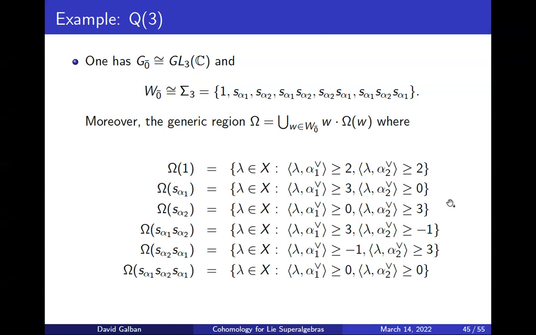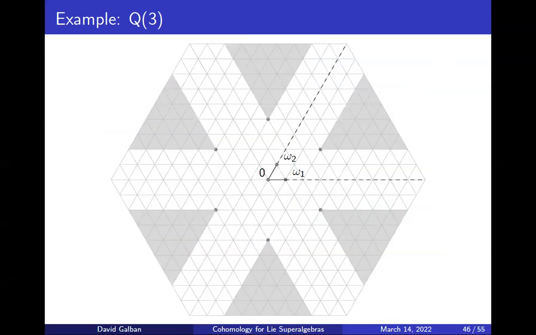And then if you apply the dot action of W on omega W, you'll see that these are all conjugate. If we plot all 6 regions, W dot omega W, we get these 6 different conjugate regions here. So this would be 1 dot omega 1, and then the others would be as follows. And they'll all be conjugate under the regular action.